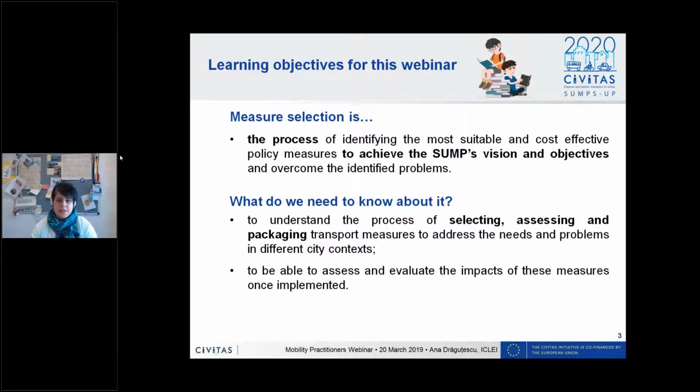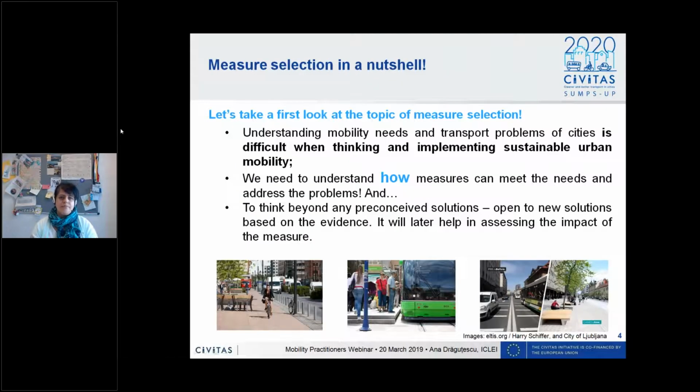What we need to know about this process is to better understand how to select, assess, and package the measures, and to be able to assess and evaluate the impact that these measures will have once they are implemented in our cities. So let's take a first look at the topic.